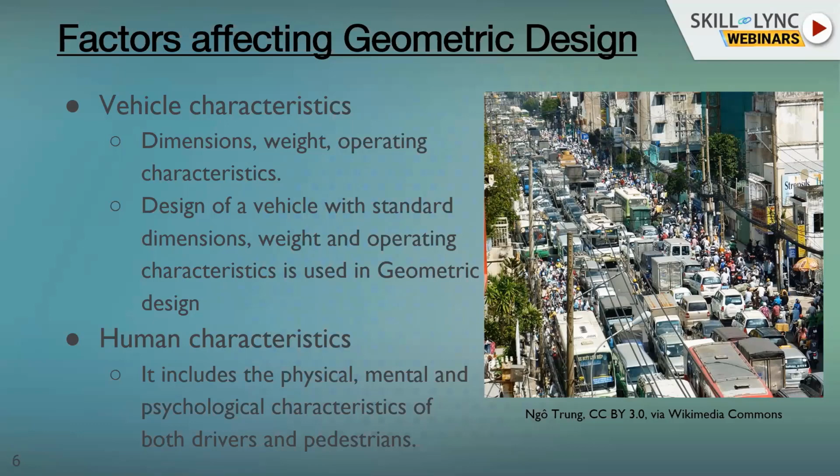As a geometric designer, we have to take inputs from that department and introduce them in our design. Your ultimate goal is to give cross sections, which I'll be showing in the future slides. The cross section is the ultimate thing we, as designers, give to the contractor to build a road. So these are very interrelated things.